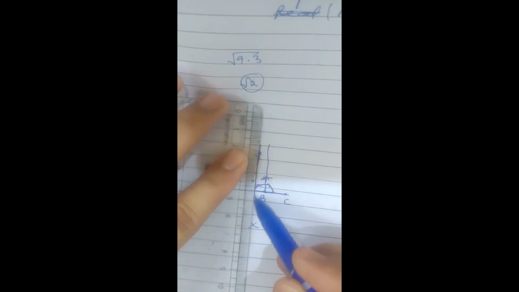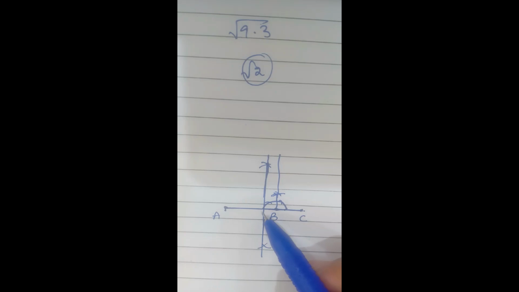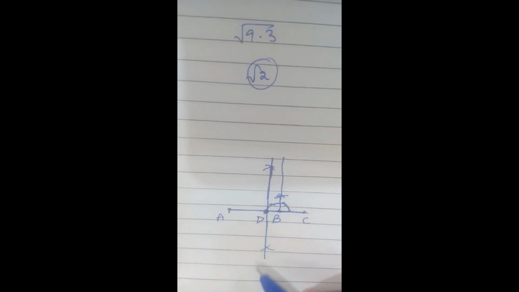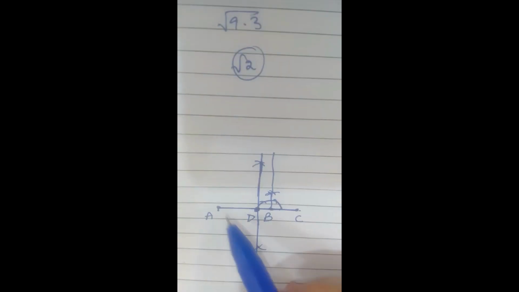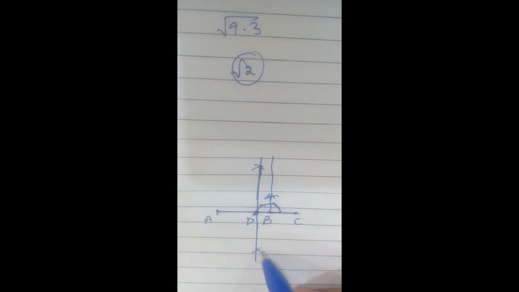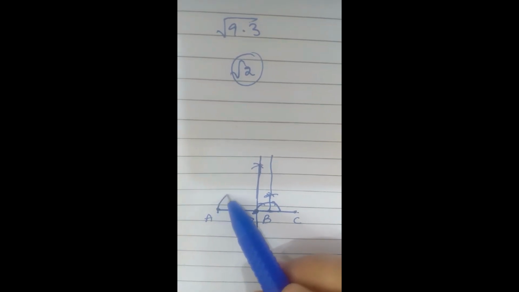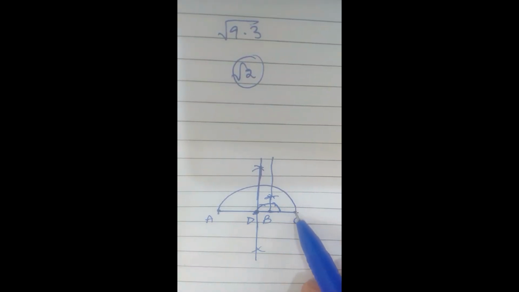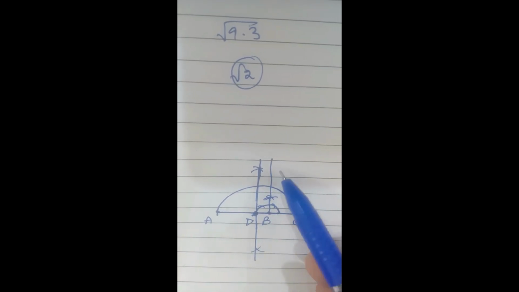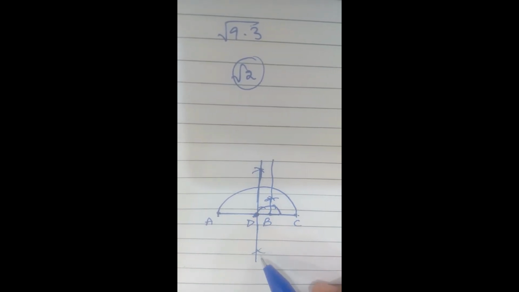Since the compass is not there, everything has to be done very roughly. So this will be there. Then fix your compass here. Let's name this point as D. Fix your compass here, open equal to AD or DC. Both will be the same, since it is a perpendicular bisector, and you will be drawing a semicircle. You may start any way. You may construct the 90 degree angle first, or you may draw the perpendicular bisector first.